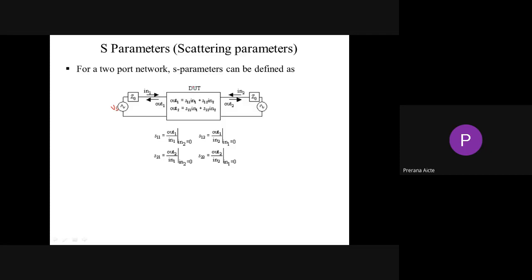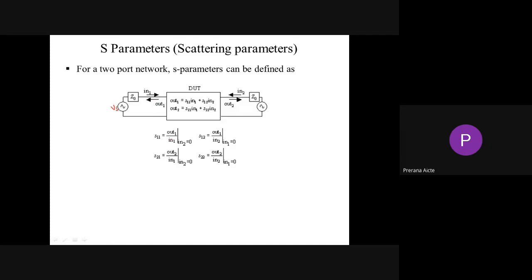This is the DUT, the device under test. On the second port, the receiving side, the incoming wave is in2 and the outgoing wave is out2.